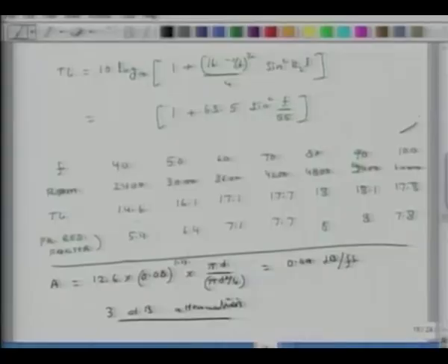Their response is much wider in terms of frequency band, but their absorptive capacity is not as great as compared to reactive mufflers. So most of the reliance when you are trying to reduce the noise coming from the engine is on the reactive nature of the system. So that's what I wanted to cover in the context of mufflers.